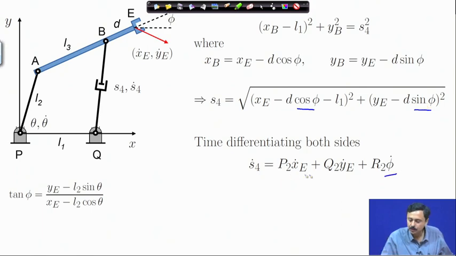So, P2, Q2, R2 will be functions of xe, ye and phi, which specify the configuration of the manipulator. Now, tan phi you can very easily write in terms of theta.